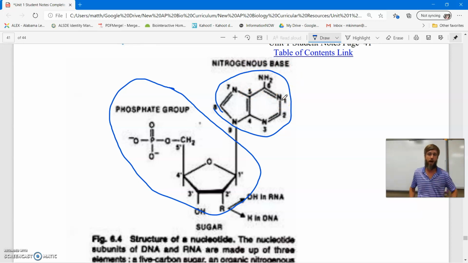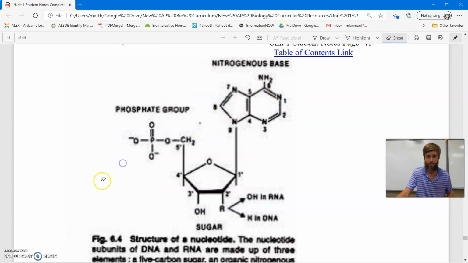Well, that's some prior knowledge from way back when that you should have learned. But if you did not learn that, that's okay. Now you're about to learn it. When we have DNA, remember, we have A's that go with T's, C's that go with G's. So these will either be an A, T, C, or G, but this part of the nucleotide will stay the same. And structure equals function, so if we change this, we change the structure, and therefore we change its function. Okay?